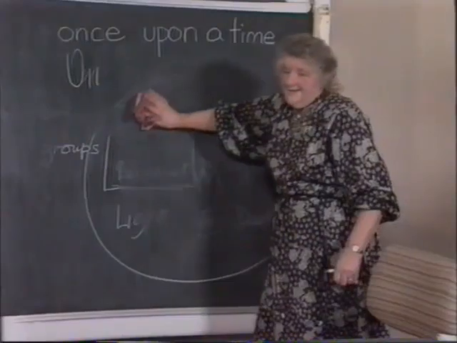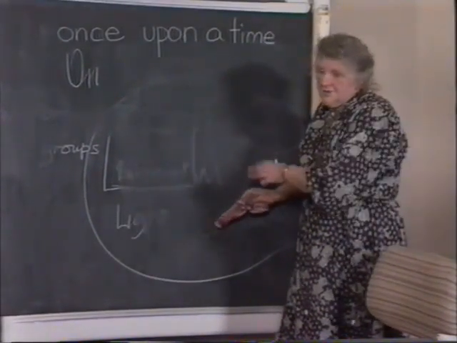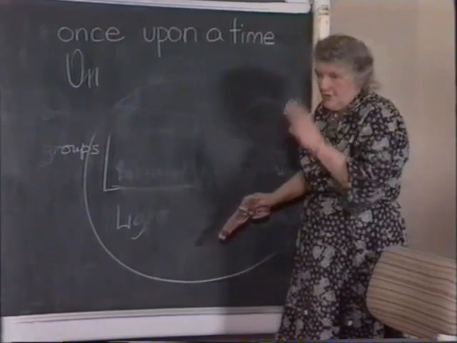Now, what do you think you might say? Or you? I'm just thinking, once upon a time. What do they try to make me understand when they start their stories like that? Once upon a time.